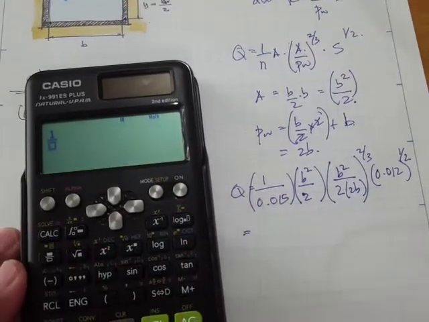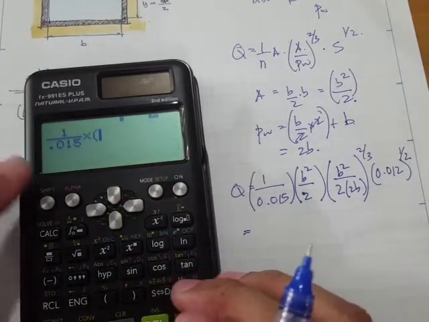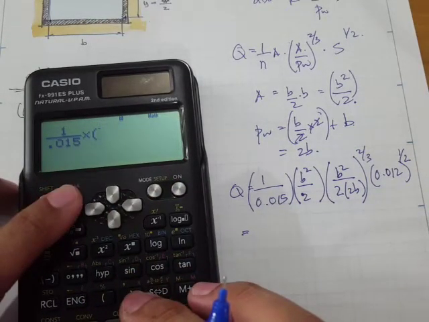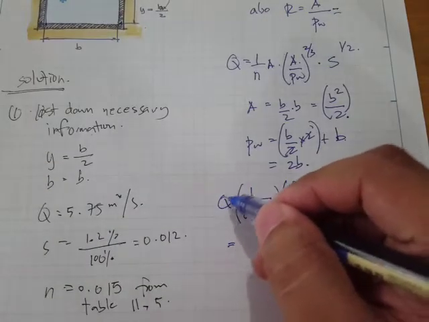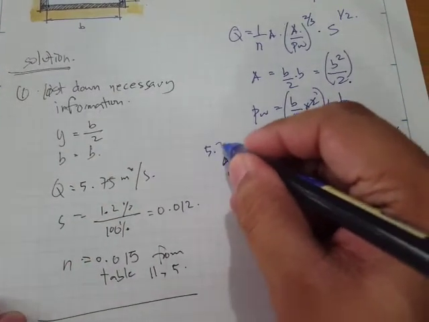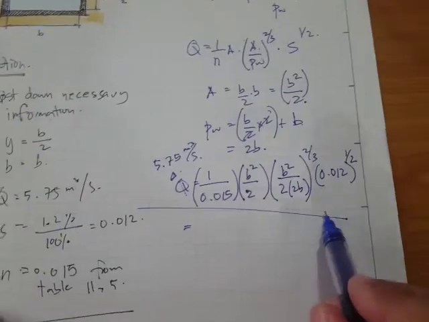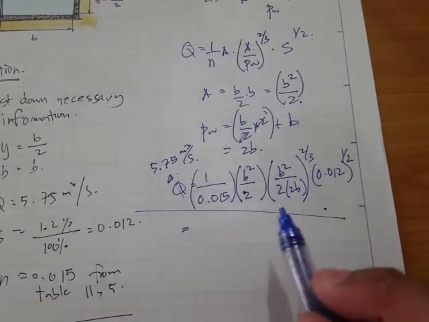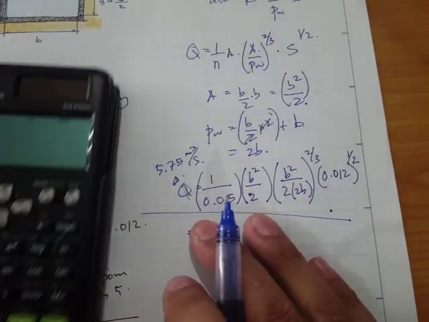1 over 0.015 times alpha x. Sorry, let's substitute this. Since we have the value of Q, this is 5.75 cubic meters per second. Right, so here is our equation. We have one unknown, so we can just use the shift solve command.